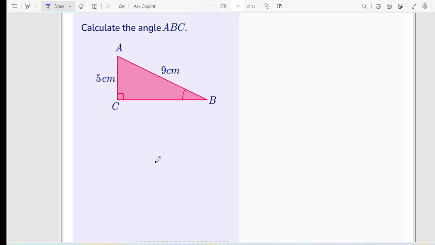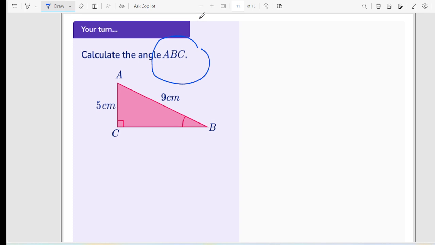Similarly, we can use the same trigonometry to calculate the angle. Now let's understand this. In this question we have to find angle ABC, that means this angle which I'm highlighting with blue. According to this angle, this is my adjacent side, this is my perpendicular, or you can say opposite, and this is the hypotenuse.